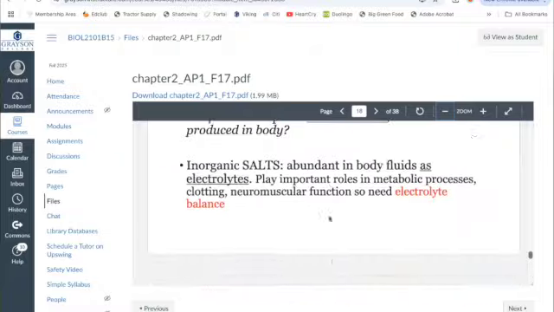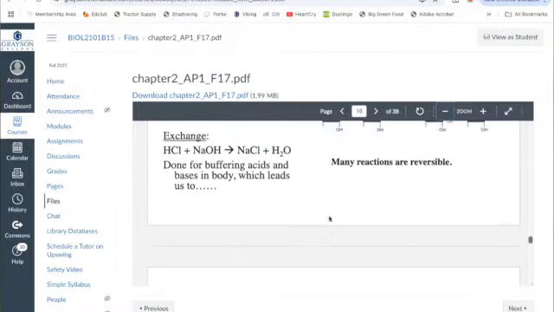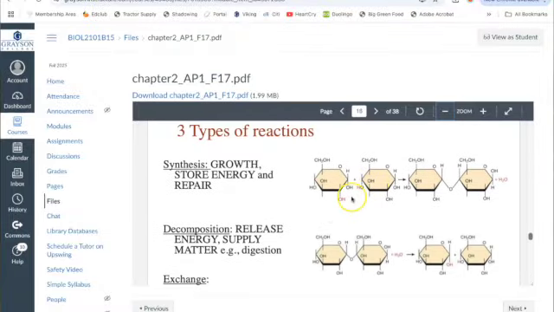One of the things we saw up here that I didn't point out to you, during synthesis and decomposition, if you look here, the hydrogen and the hydroxide ion, this and this will become this and water. And so water is taken out, okay? But in this reaction, you put water in there, and it breaks this down to form more energy.